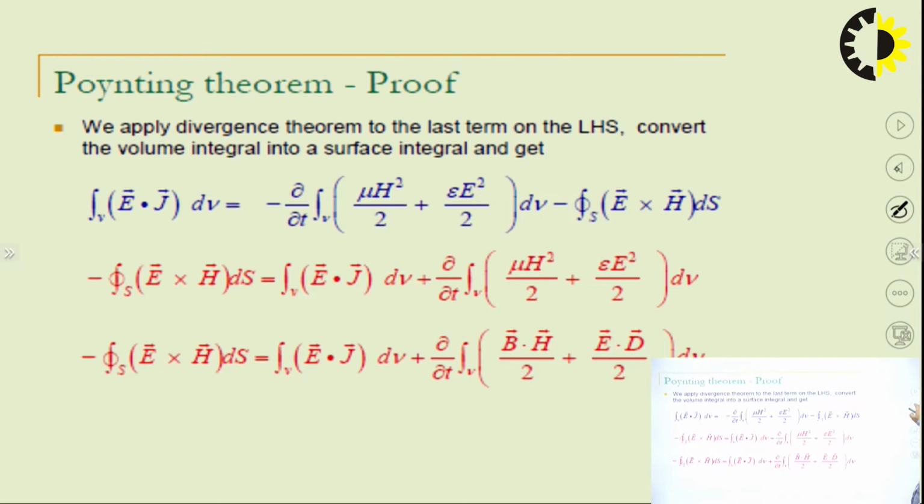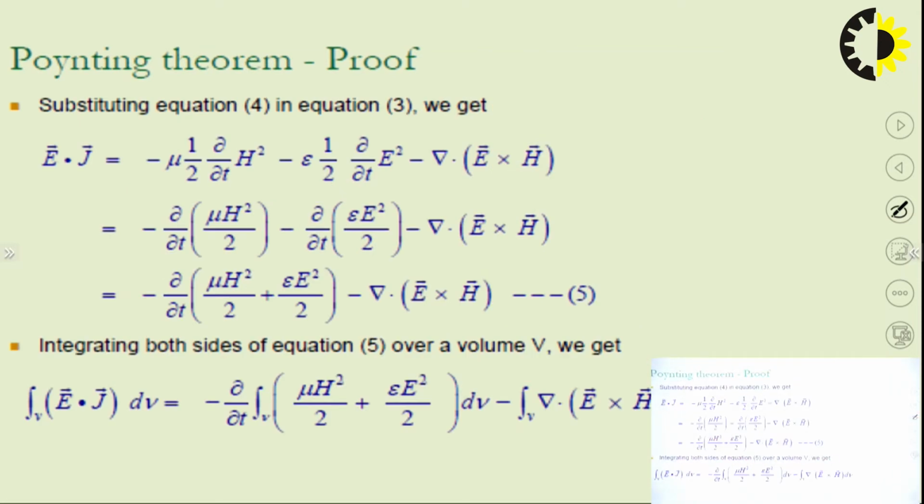So basically, we were getting volume integration of E dot J dV is equal to minus d over dt volume integration of mu H square by 2 plus epsilon E square by 2 dV minus volume integration of divergence of E cross H dV. Now in this last term, we can apply the Gauss divergence theorem.